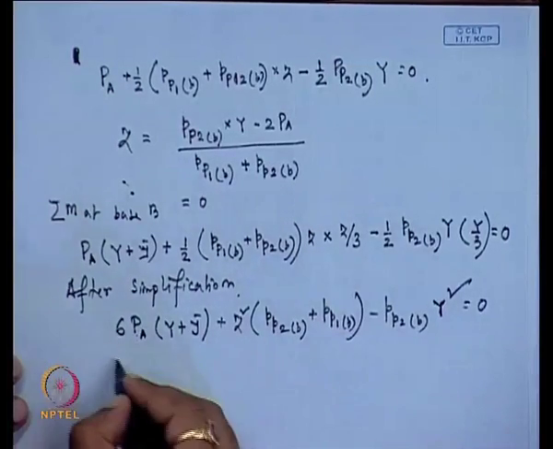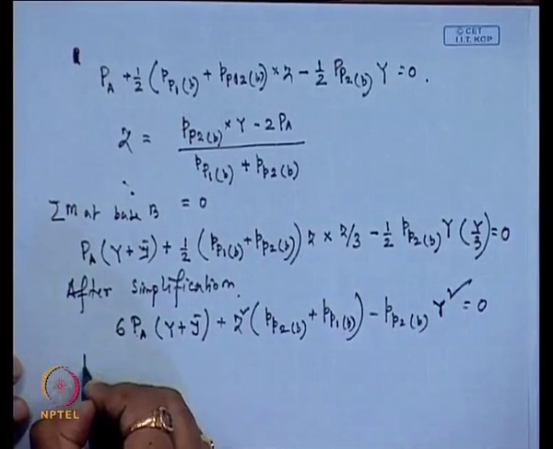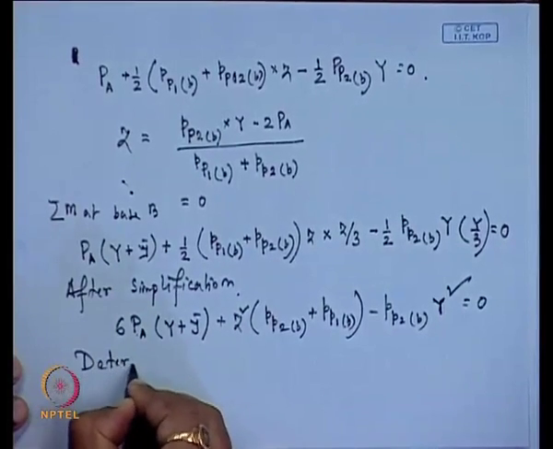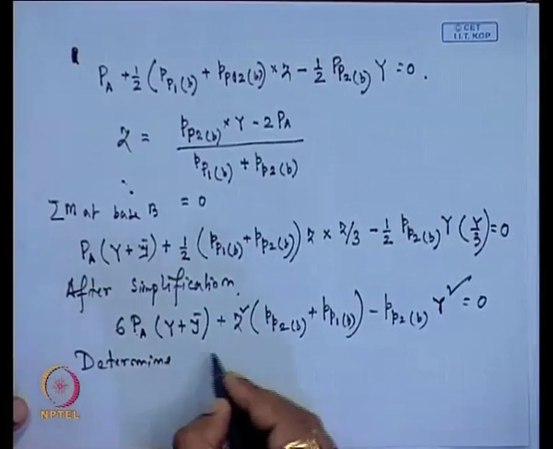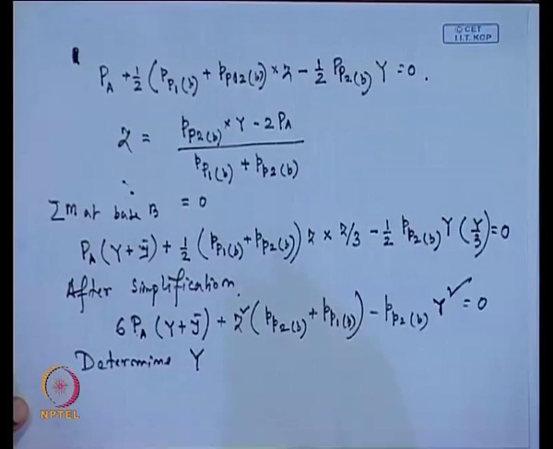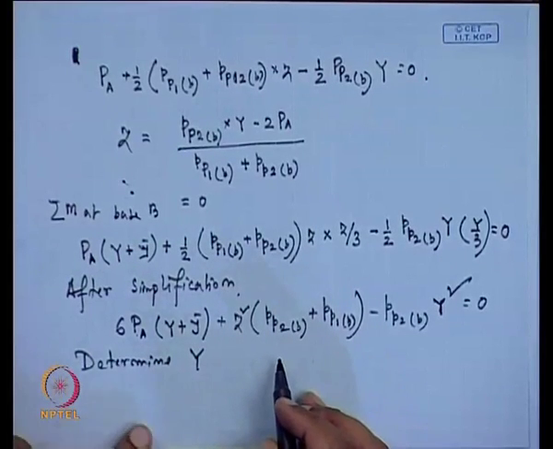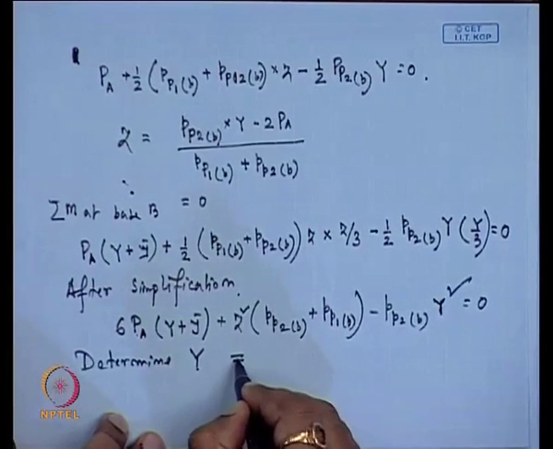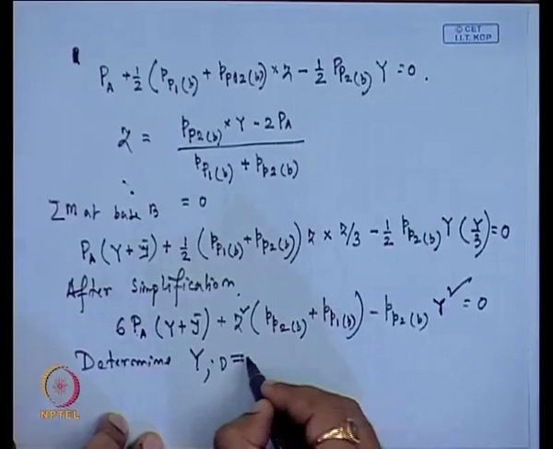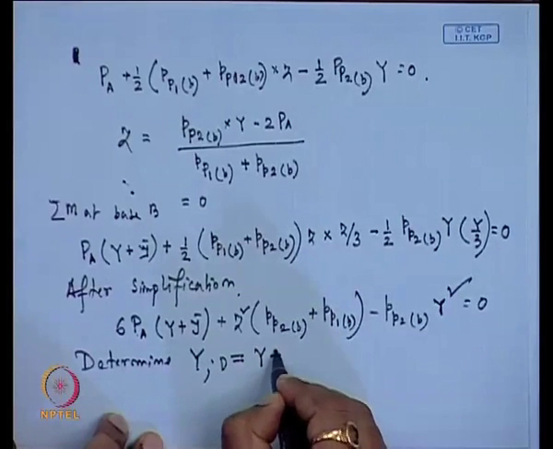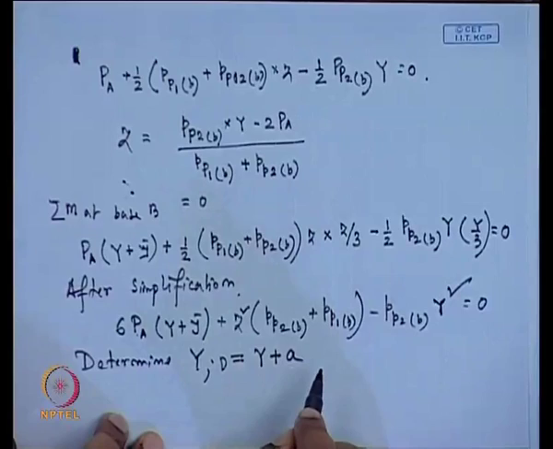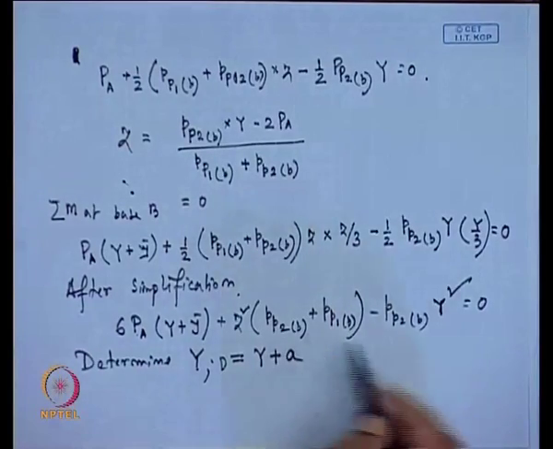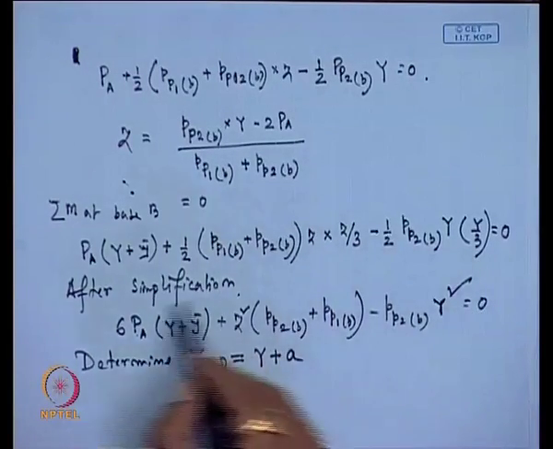So, from this expression we will determine capital Y. Then if we add A, then D will be capital Y plus A. So, you have to calculate capital Y from this final expression.